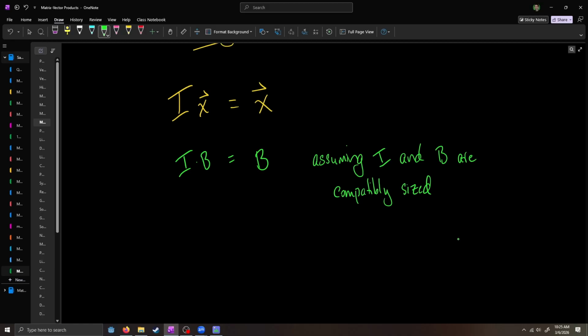It also works in the other direction. If you have a matrix A and you multiply it by the identity on the right, you will get back the matrix A, assuming that the identity matrix is the right size for this product.